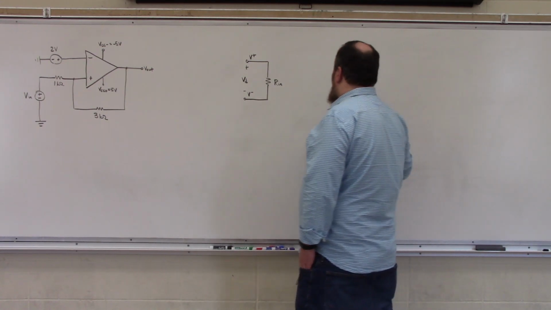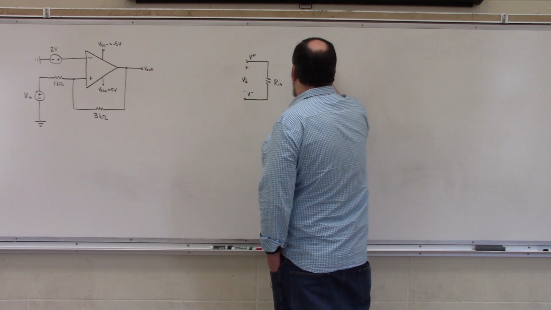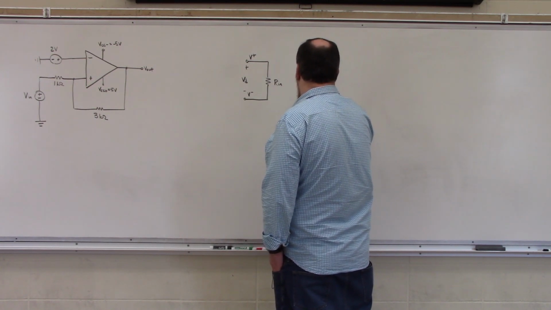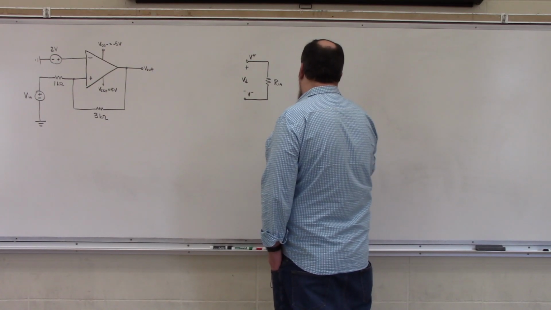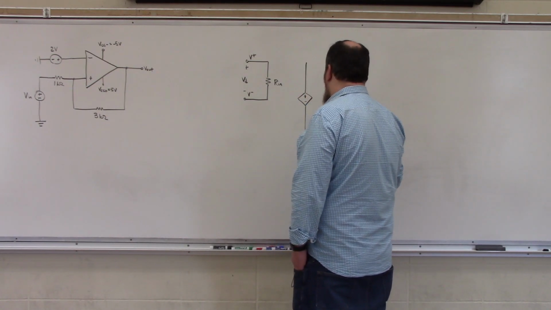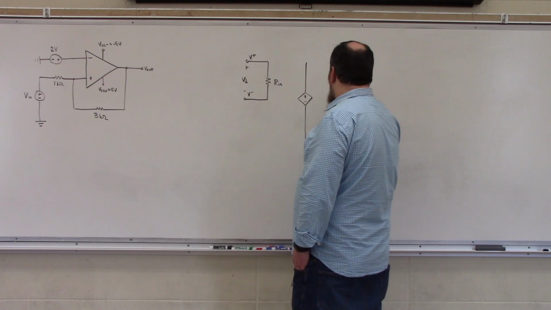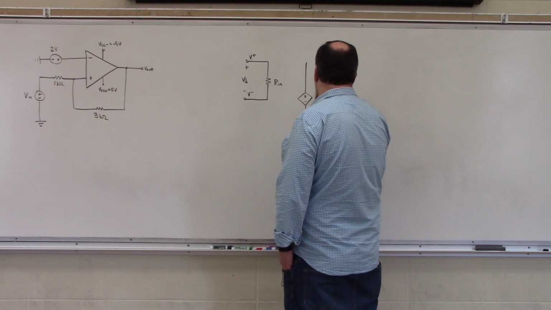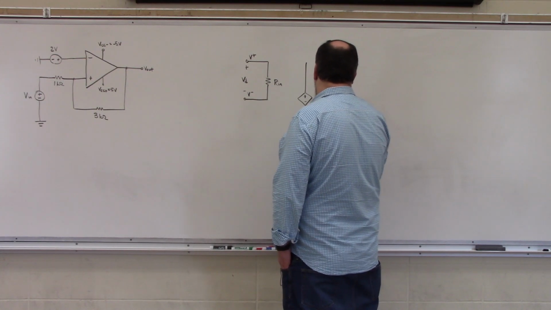The output side of our practical model consists of a voltage-controlled voltage source, where the voltage present across the terminals of this voltage-controlled voltage source is the open loop gain, AVOL, multiplied by our differential voltage, Vd.